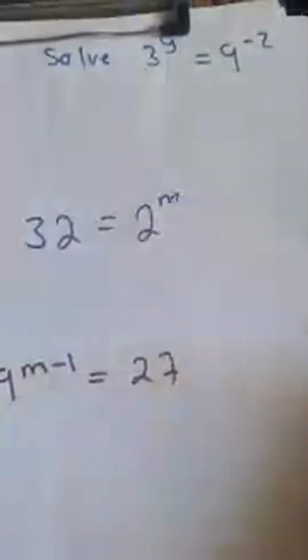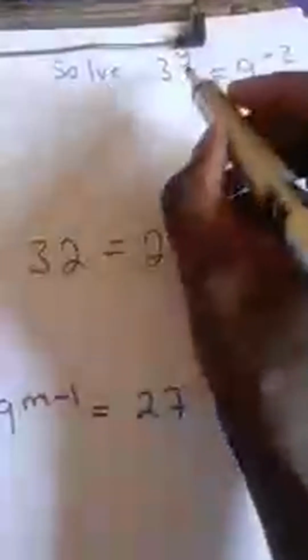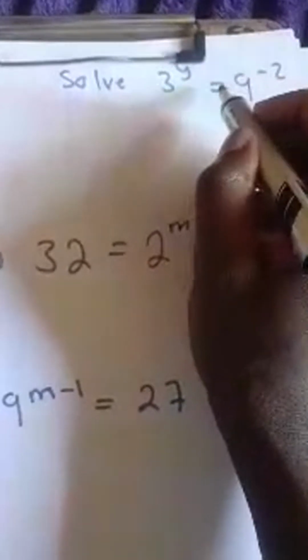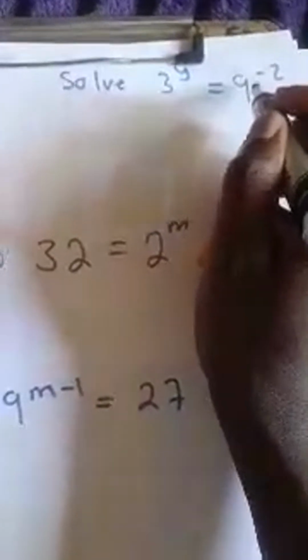Right, so this one is 3 to the power of y is equal to 9 raised to the power of minus 2.